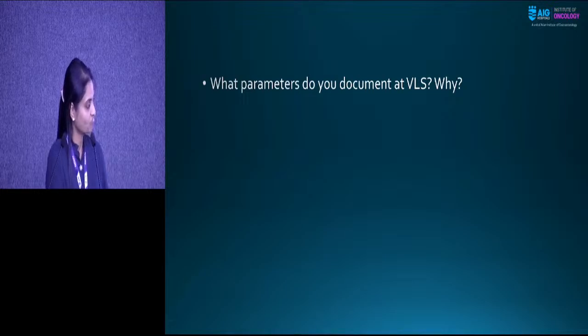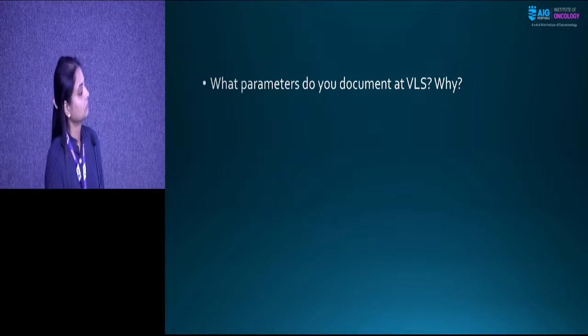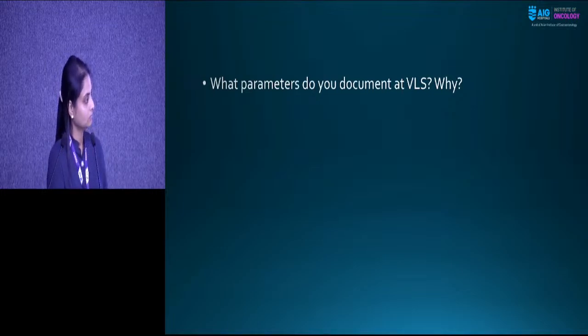Now, vocal cord mobility is very basic. We should be very cautious about whether the vocal cord sluggishness is because of the volume of the disease, so that the vocal cord is not able to move because of it, or whether there is a fixation of the vocal cord. It takes some moments of diligent observation of the video so that we can tell the difference between a sluggish and a fixed vocal cord.